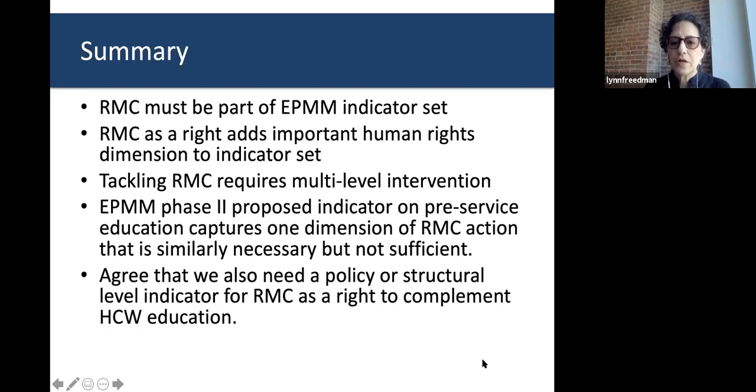So I agree, we also need a policy or structural level indicator for RMC as a right to complement that indicator on healthcare worker education.